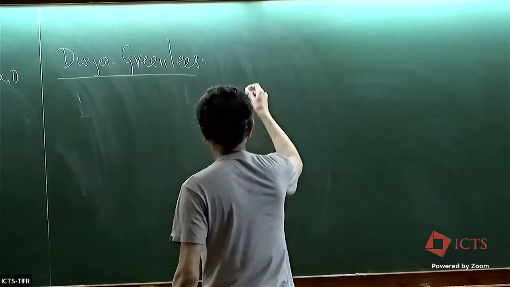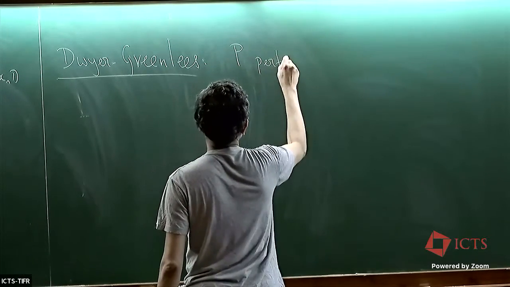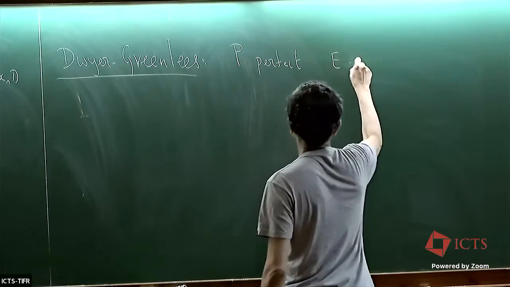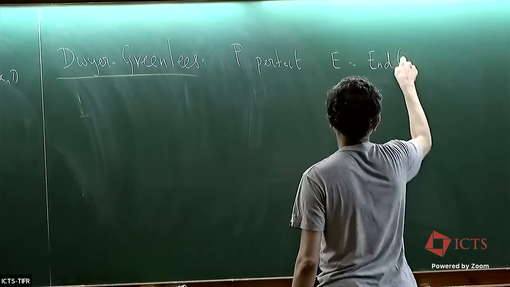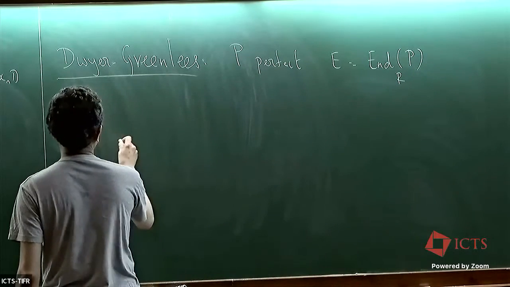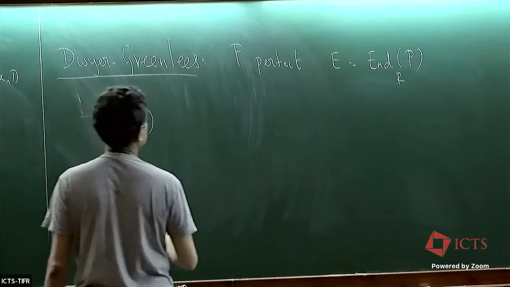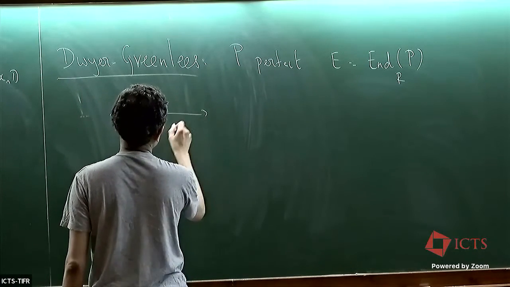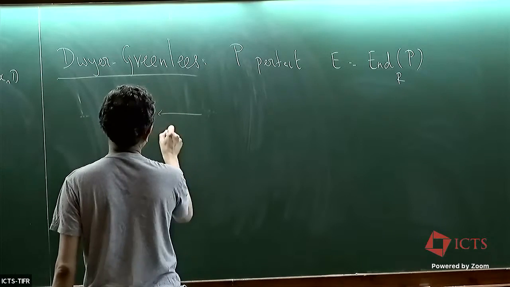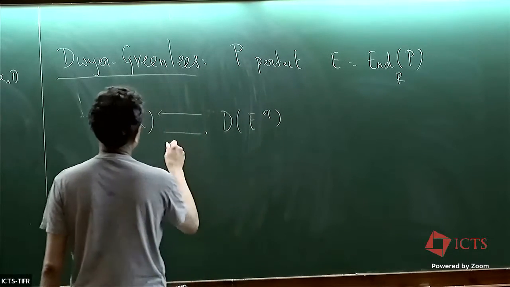Remember, what we had was a perfect complex P, so a finite free complex, say, and E is the derived endomorphisms of P. We have the derived category, and we have these functors. I talked about this functor.